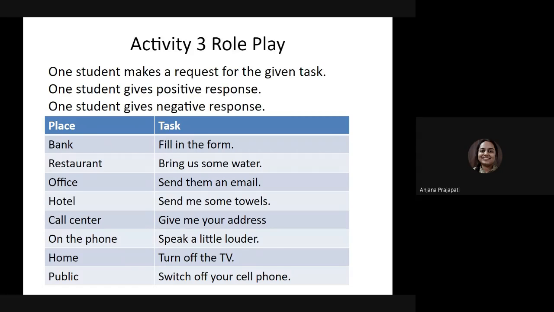Yes, ma'am. Faustine, can you hear me? Yes, ma'am. Am I speaking your name correctly? Yeah, I am Faustine. Okay, so please read your dialogues.